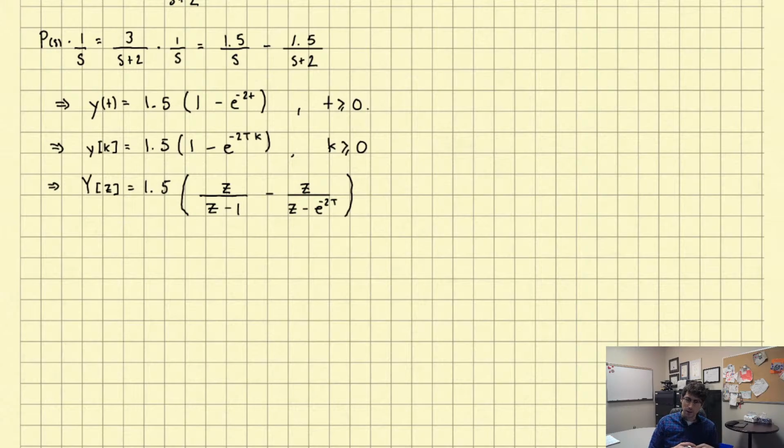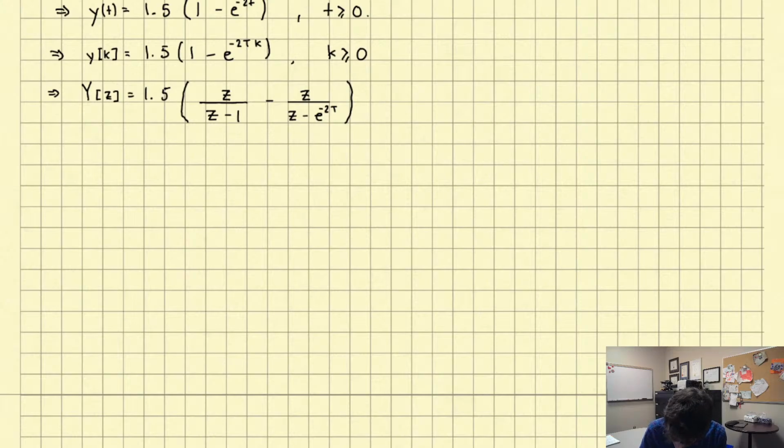Okay, and finally, to get the transfer function, we need to divide the Z transform of the output by the Z transform of the input. Because of this step here, remember, we've taken the discrete time input to be the step. That's why the continuous time input is a step as well. So finally, we just have to take the expression Y of z above and divide it by z over z minus 1.